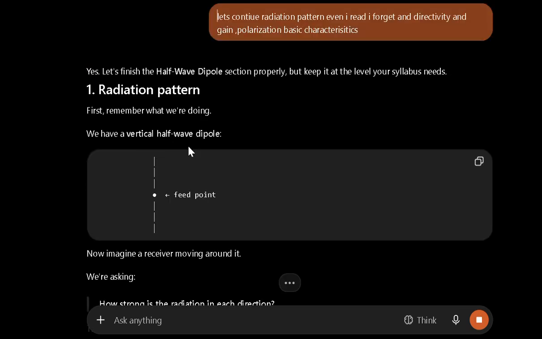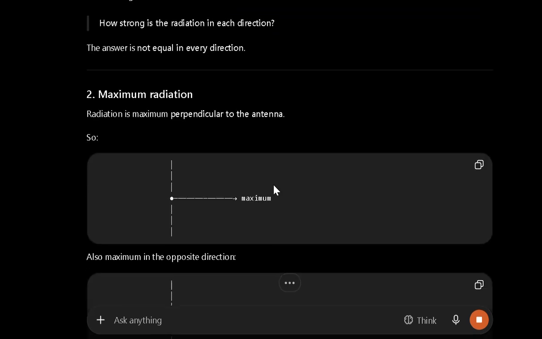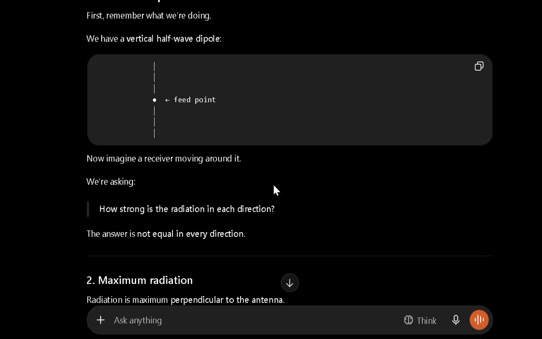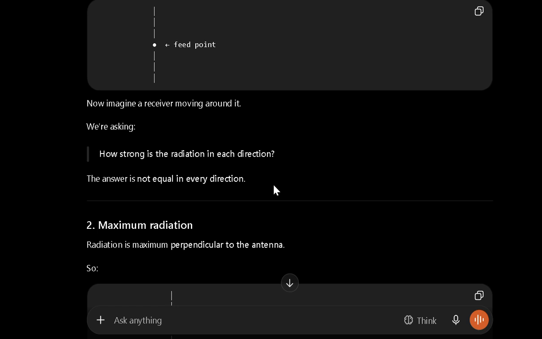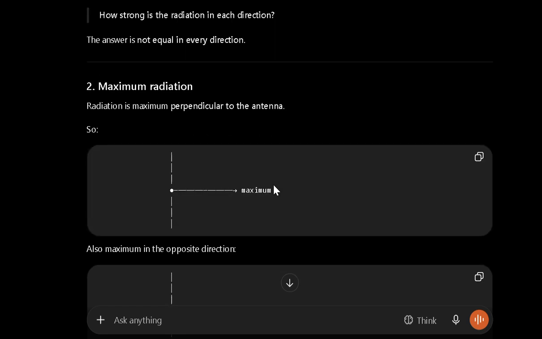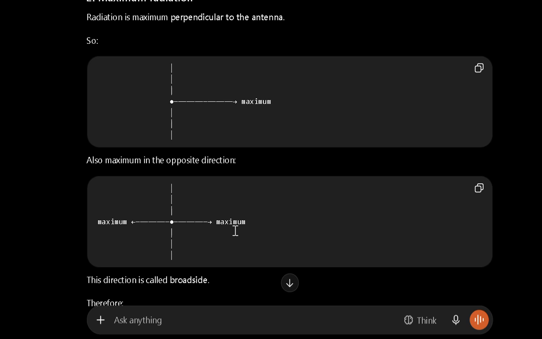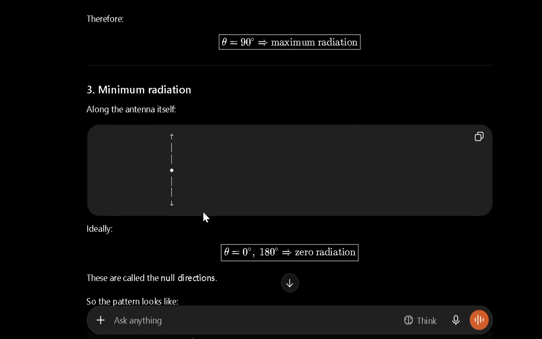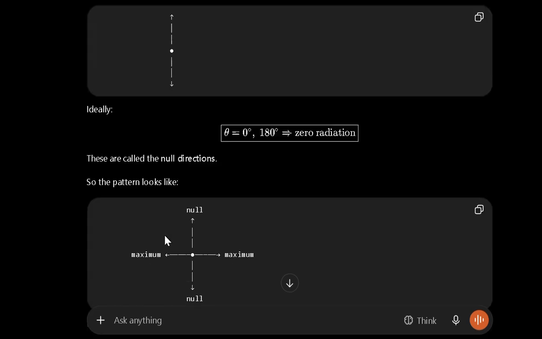Let's finish the half-wave dipole, but keep it at the level of a simple treatment. How strong is radiation in each direction? It is not equal in every direction. The maximum radiation is at theta equals 90 degrees, and at theta equals 0 there is zero radiation.